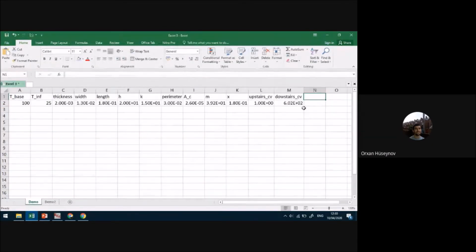The formula will be theta CV, it will be upstairs by downstairs.